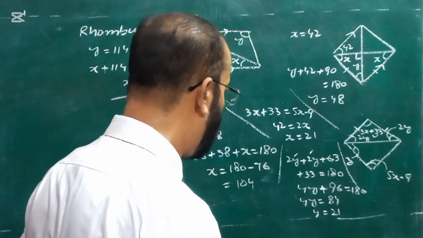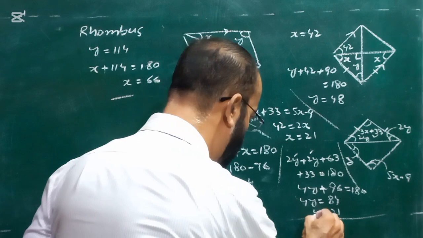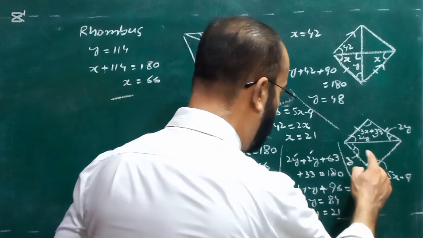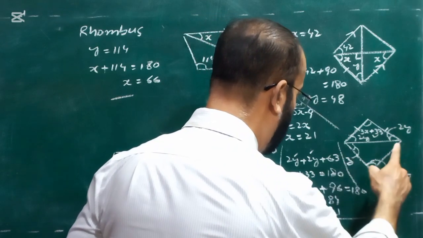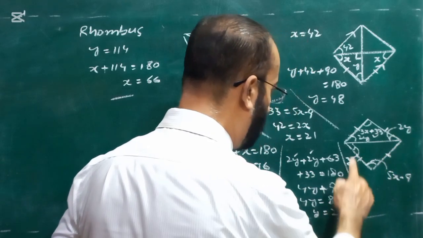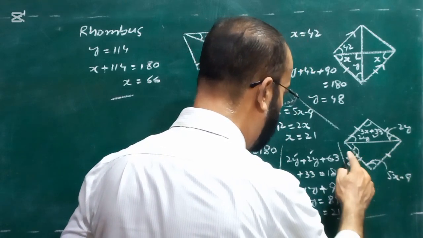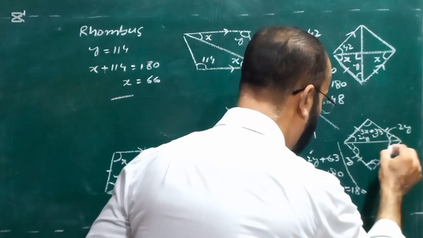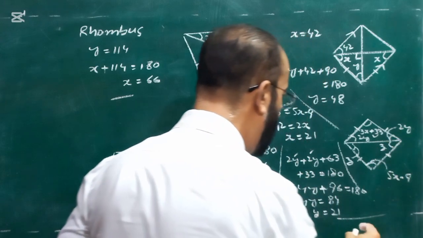Okay, y is also done, but still z is there. So if you come to the lower triangle, these two sides are equal, so their bottom angles will be equal. So if this is z, this will also be z.